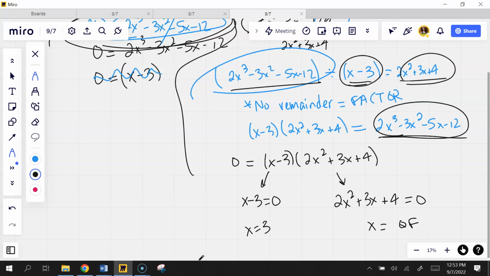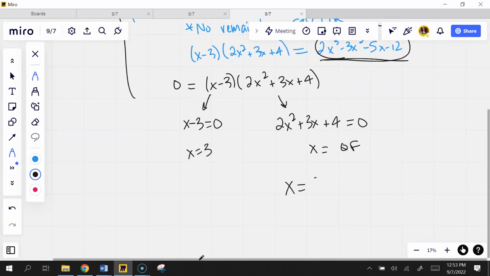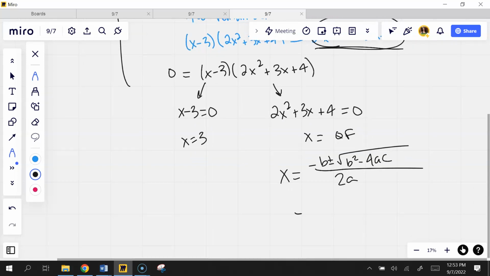I'd have to do the quadratic formula. Opposite b plus or minus the square root of b squared minus 4ac. B is 3, so it's 9 minus 4 times 2 times 4, all over 2 times 2.